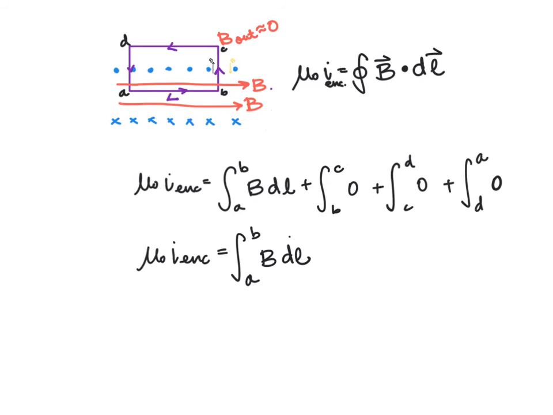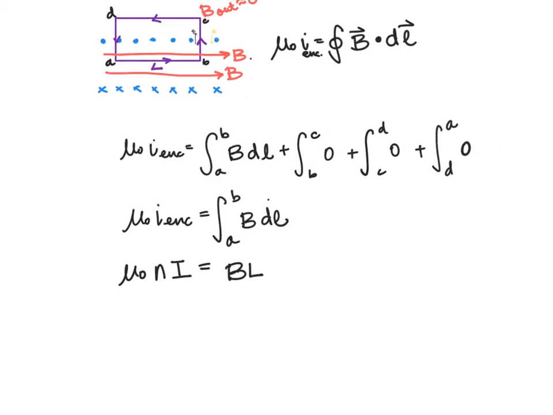And so here, mu naught I enclosed will be the number of loops times I, the current through the whole solenoid. And we're going to go from A to B. And in my example, A to B is this length here. So I'm going to make that substitution. And then it would be B times L.